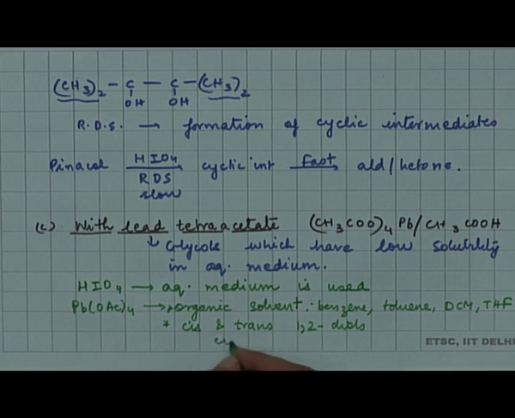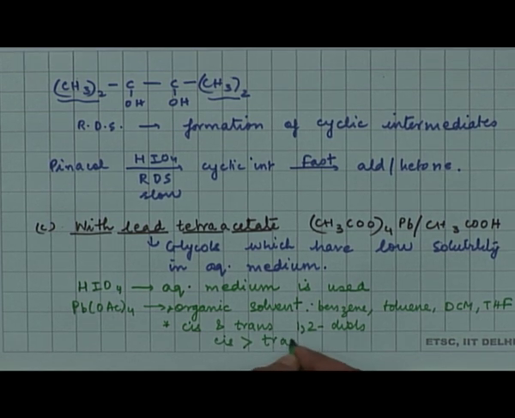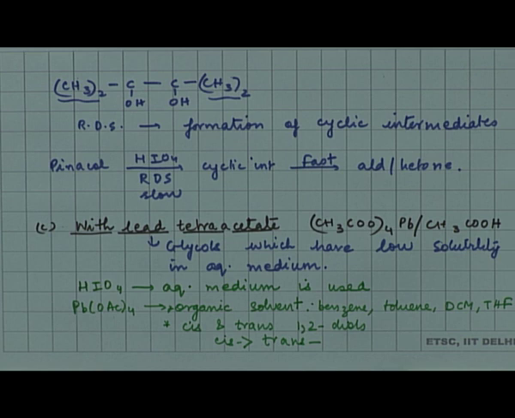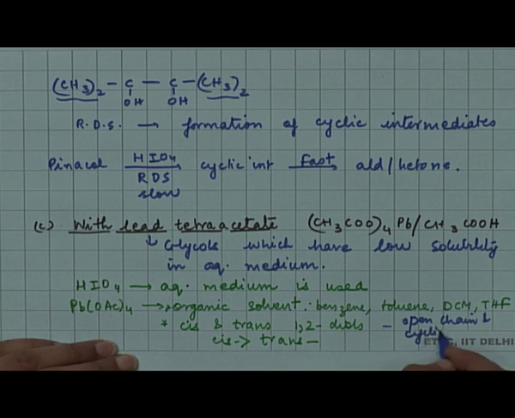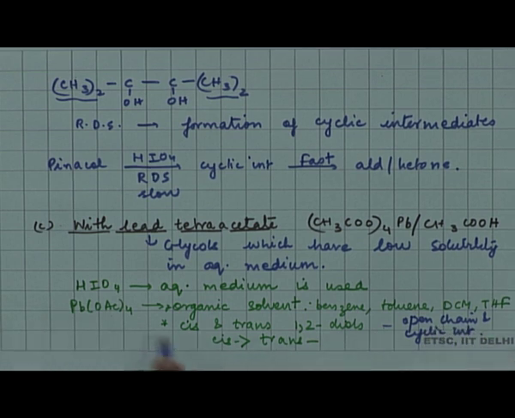The reaction with cis however is much faster, cis are more reactive as compared to trans, but both reactions do take place, as in this case we get both open chain as well as cyclic intermediates being formed, which allows both the cis and trans forms to react.